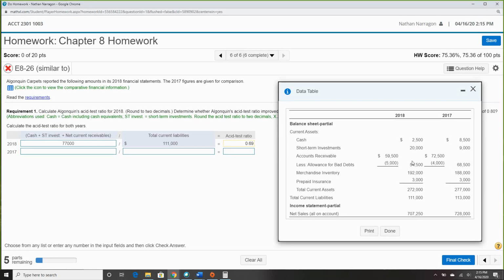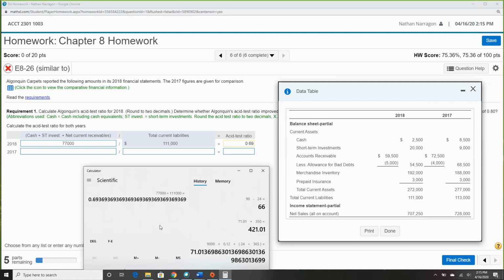So basically, if you look at these three numbers, that's your accounts receivable minus allowance for bad debts. I just wasn't thinking clearly for some reason.